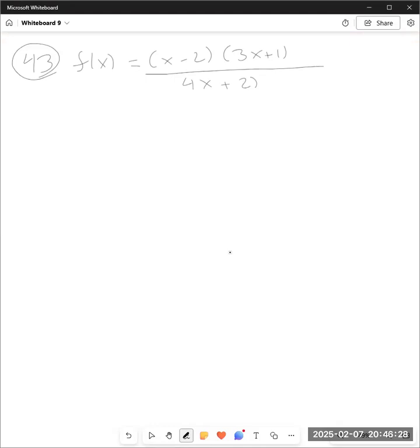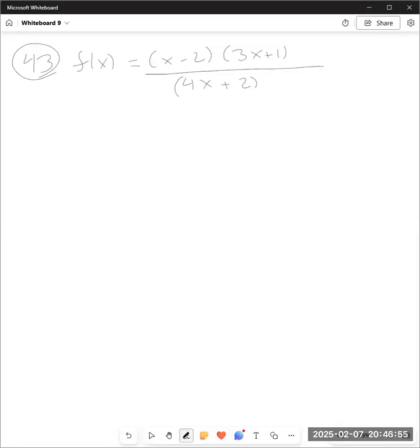Now, 4x plus 2 has a common factor of 2. That would leave me with a 2x plus 1, but there's no 2x plus 1 on the top. There's no reason for me to factor here. So what I'm going to do instead is try and write the numerator as a single function and the denominator as a single function and use the quotient rule.